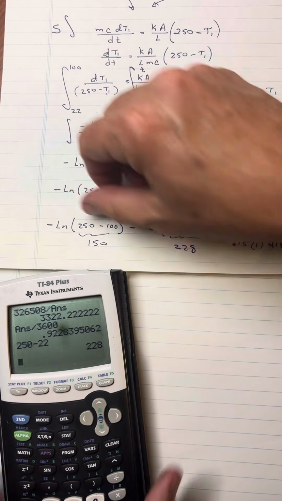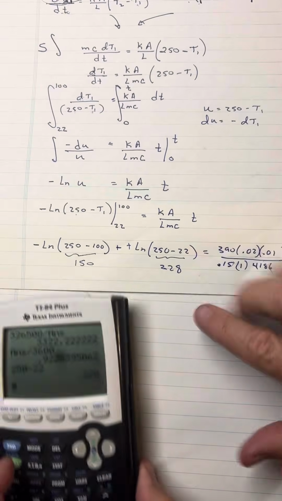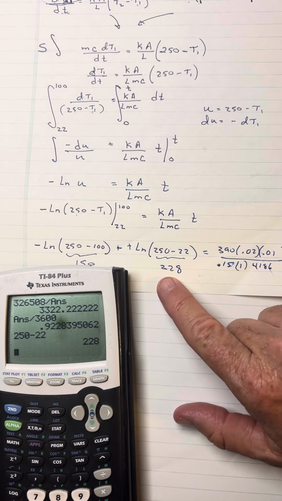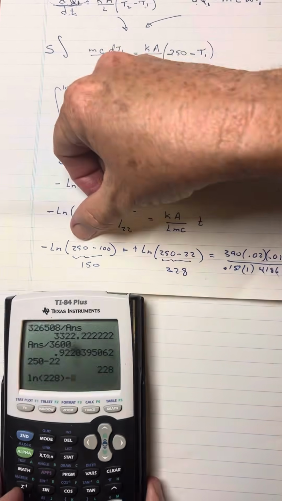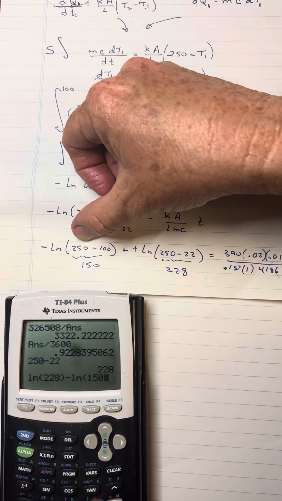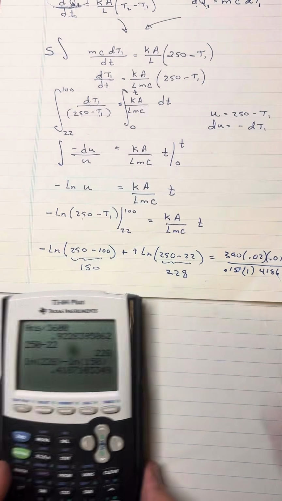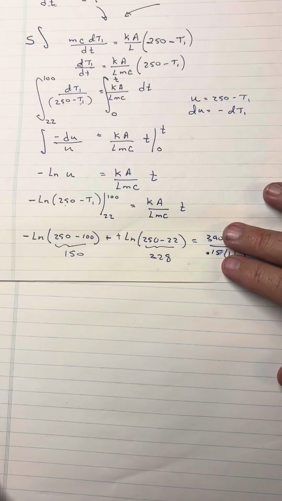All right, so I'm going to take this side, and actually the two negatives, I'll make a positive. I'll do this in reverse order. This is the natural log of 228, and then I'll subtract off the natural log of 150.